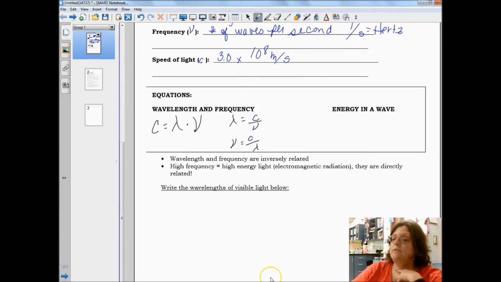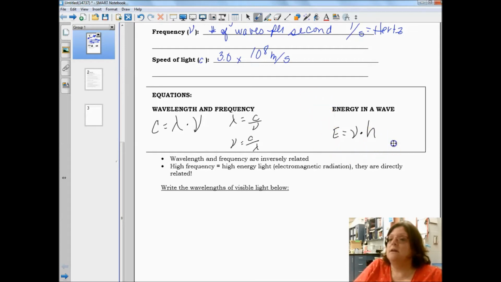Energy in a wave, Max Planck discovered that energy and frequency were directly related. As one went up, the other went up. But, of course, you have to convert it. Frequency and energy do not have the same units. So the way we convert that is by multiplying by something we call Planck's constant.